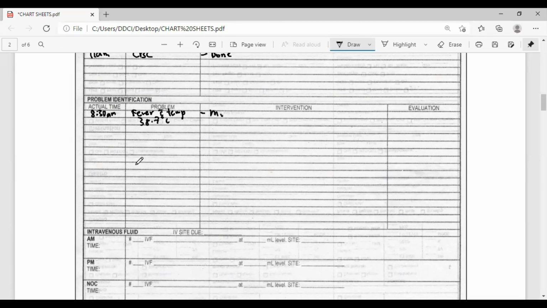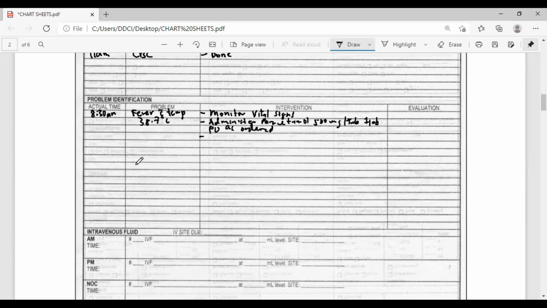So for example, you have your monitor vital signs. Okay, then administer paracetamol 500 milligram per tab, one tab, PO as ordered.